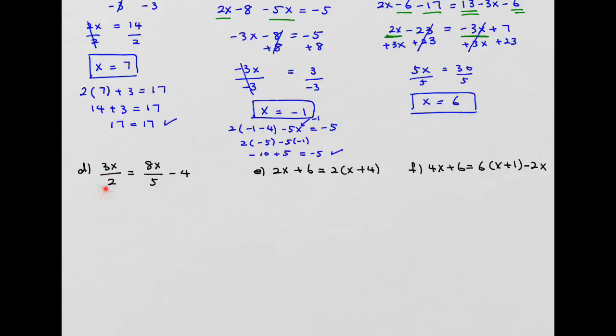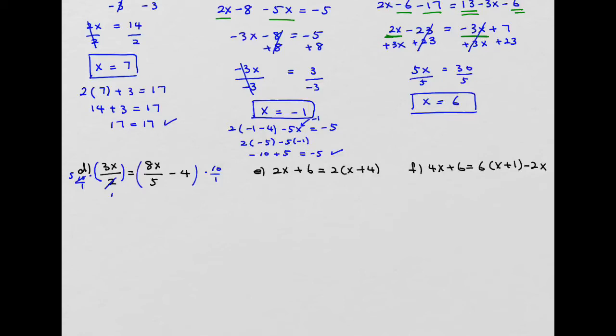In order to get rid of 2 and 5 at the same time from the denominators, you need to multiply by 10, right? So let's say you're going to multiply both sides of the equation by 10 over 1. Then this 2 will cancel out 10, you have 5 remaining.